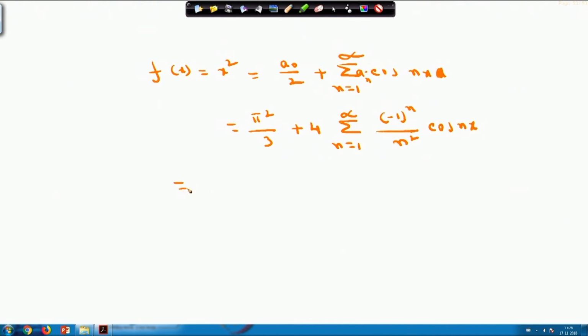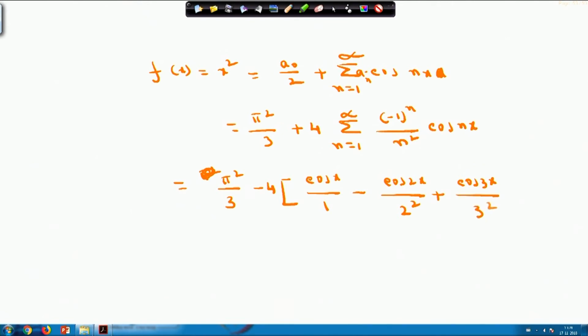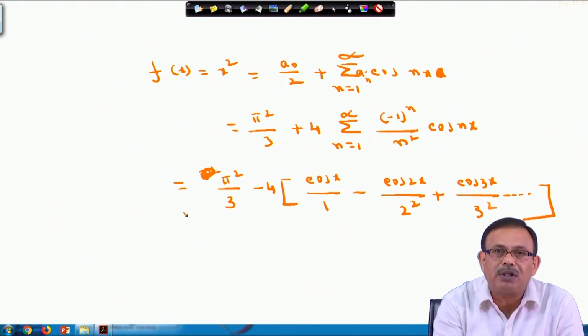And if I expand it, I will obtain pi square by 3 minus 4 into cos x by 1 minus cos 2 x by 2 square plus cos 3 x by 3 square, and we will go like this. So, our expansion is f x equals pi square by 3 minus 4 into cos x by 1 minus cos 2 x by 2 square, like this.